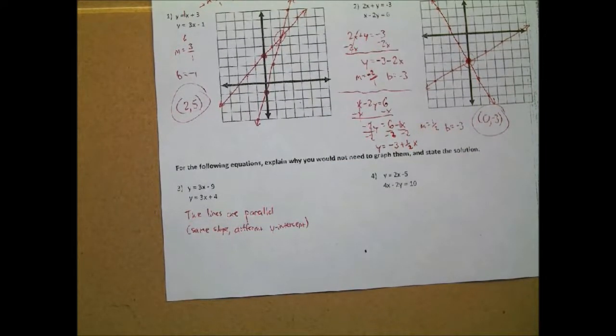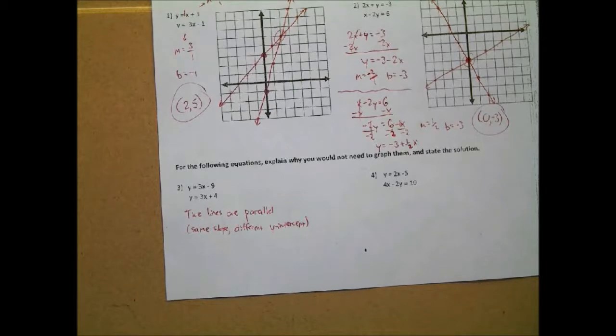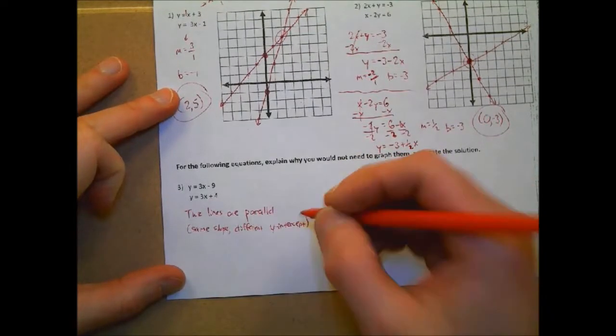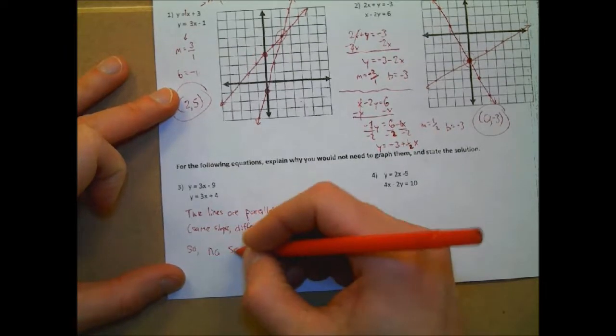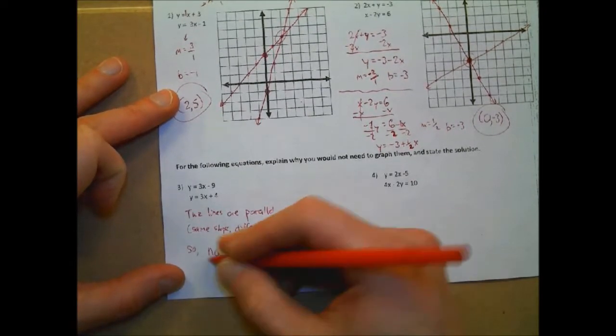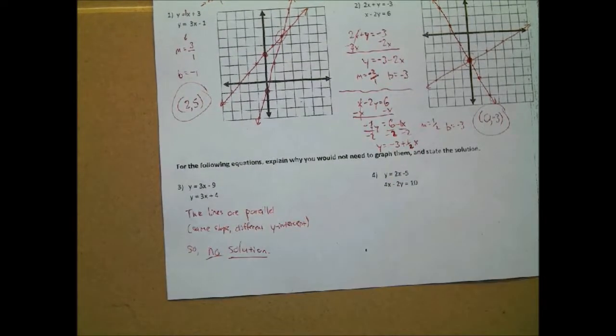If it's the same slope and the same y-intercept, well, we'll talk about that in a second here. Okay, lines are parallel, same slope, different y-intercept. So, no solution. Okay, that's our conclusion here. The lines never intersect. Our answer is where the lines intersect. So there's no solution, right? There's no place where they intersect.